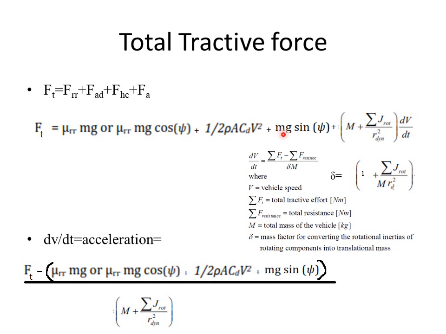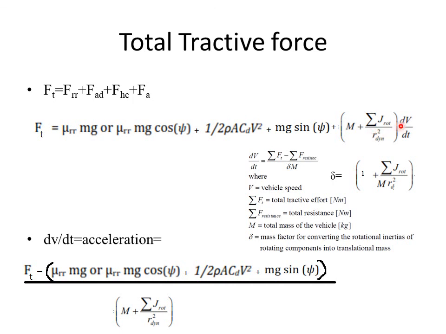And from this, if you calculate the acceleration, which is this term dv by dt, then you can write dv by dt is equal to the tractive force minus the resistive forces, divided by delta into m. We have seen that this term can be written as delta into m into dv by dt.